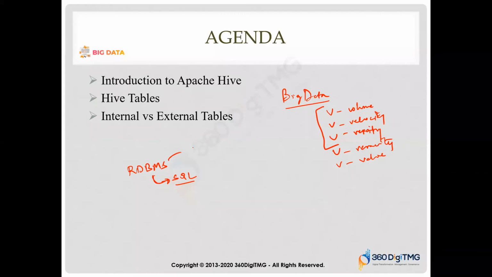RDBMS systems are schema based databases, so you can only store structured data in them. To process that, we have SQL, structured query language, a programming language standard used for processing the data, which is nothing but tables. But when we talk about big data, you have a challenge: the size, the speed, the velocity, variety, veracity, value.